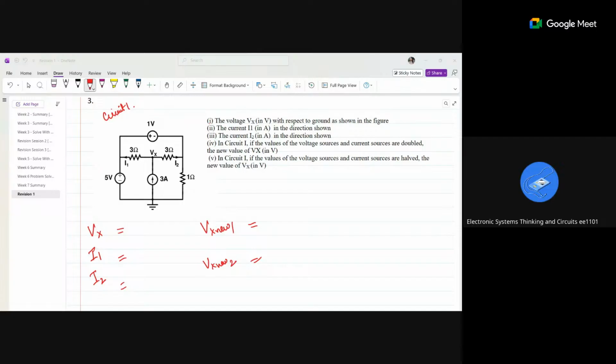Yeah, how did you solve? We can use superposition principle, right? So one circuit is 5 volt. The current source I will de-energize it. So I'm opening it.